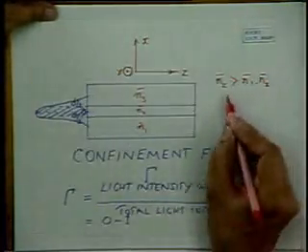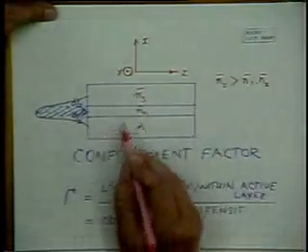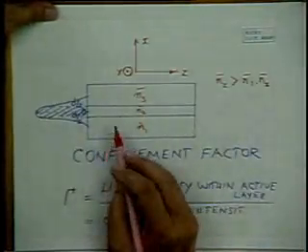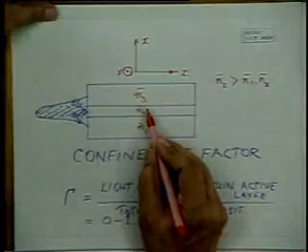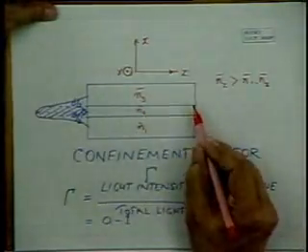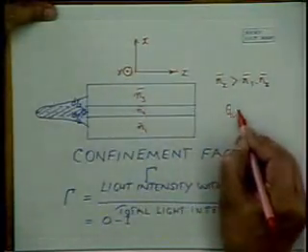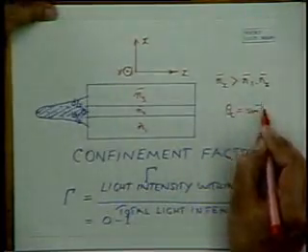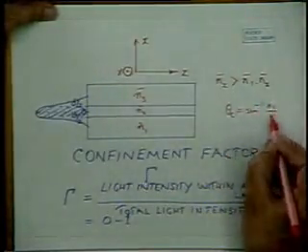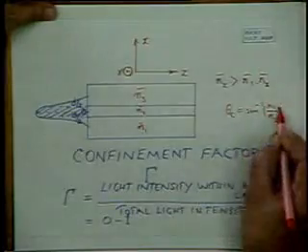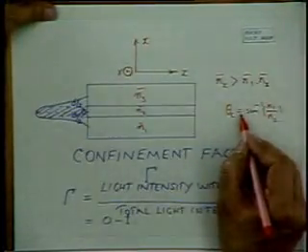Then we have total internal reflection, and I gave you the relation theta c is equal to sine inverse of n1 by n2, right? And this critical angle is very small. It's only about 16 degrees for gallium arsenide.